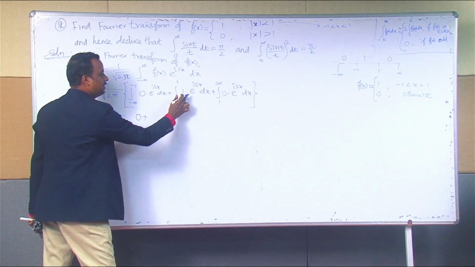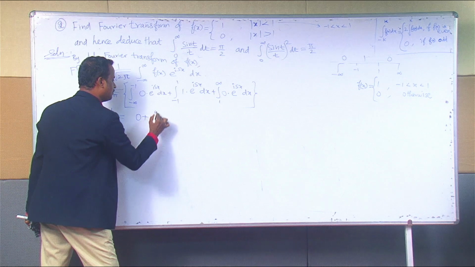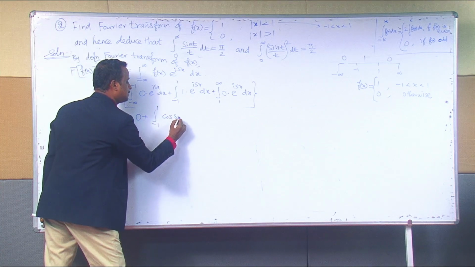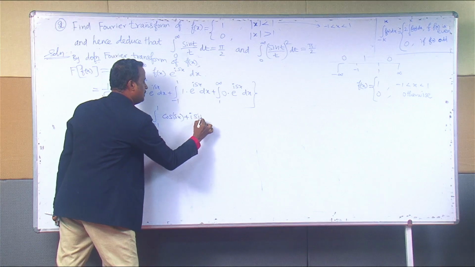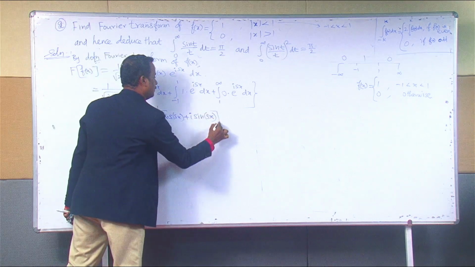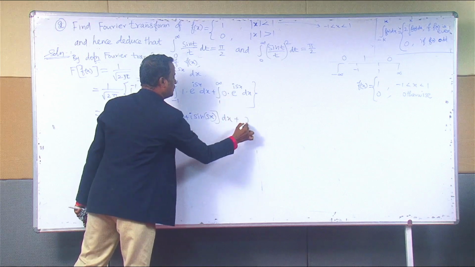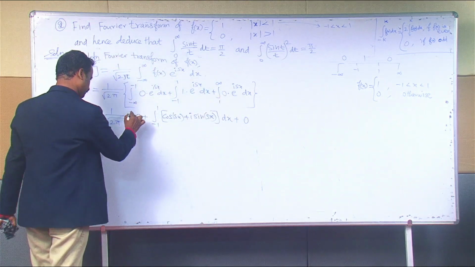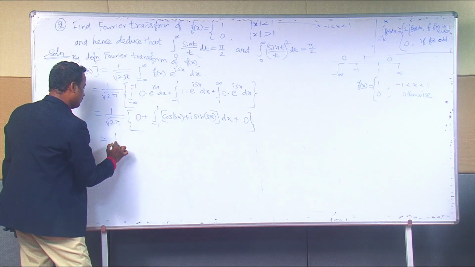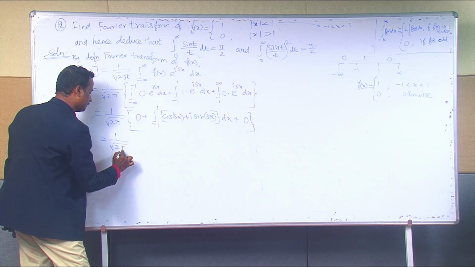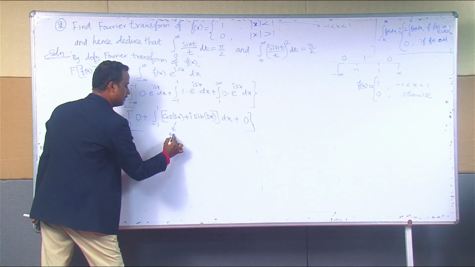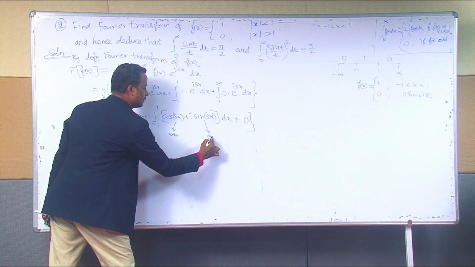And here the integral from minus 1 to plus 1 of e power isx can be written using the formula e power i theta equals cos theta plus i sin theta, so e power isx is cos sx plus i sin sx, into dx. The third part is also 0, because 0 into anything is 0. Next, 1 divided by root of 2 pi. Now we can split this into two parts, an even function and an odd function.